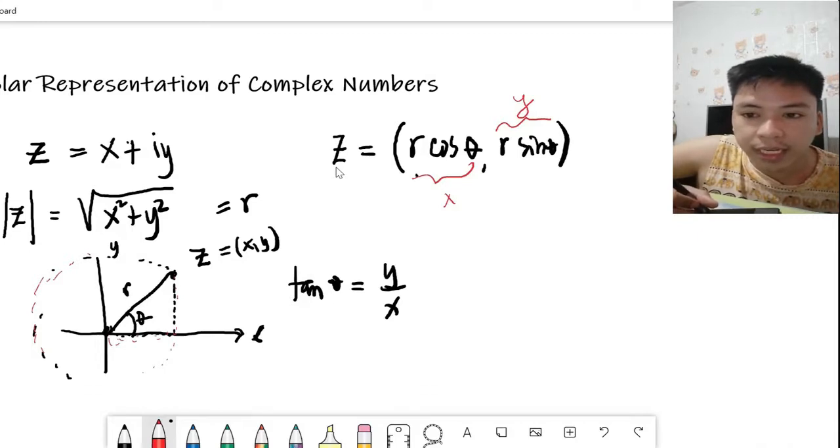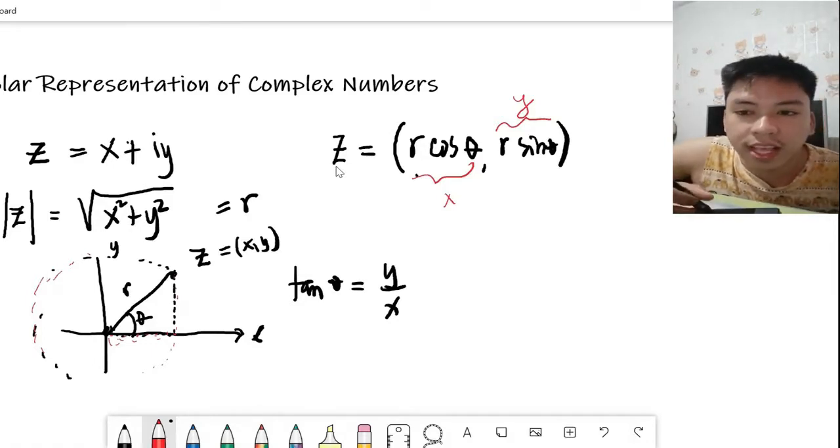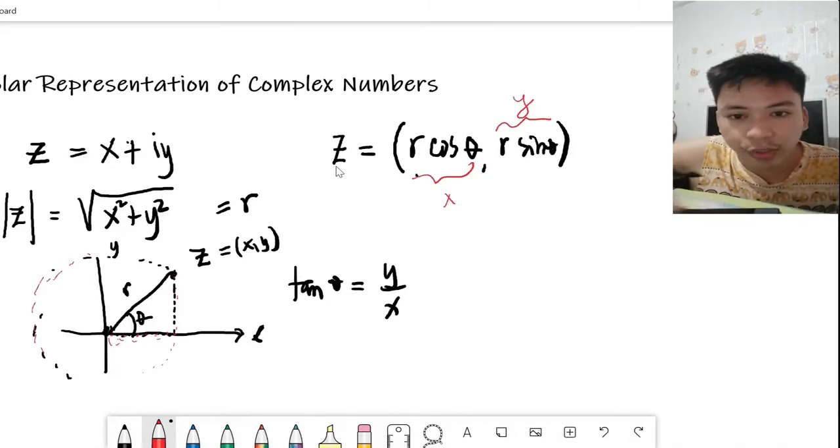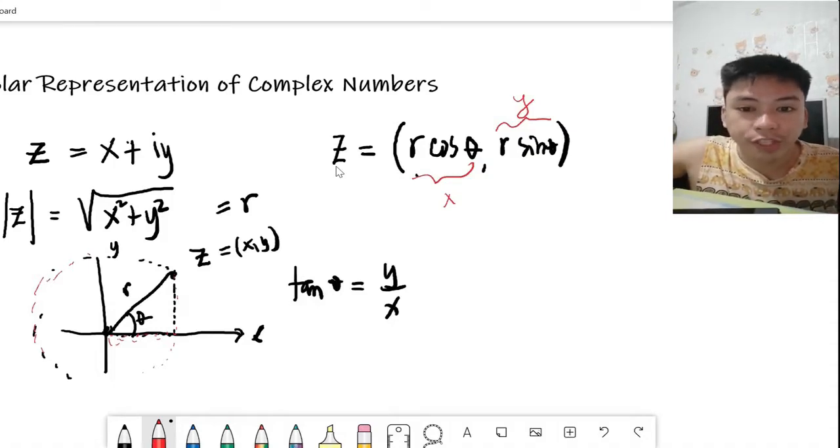Back in our trigonometry class, we can get the value of x here by taking the cosine of theta multiplied by the hypotenuse of the triangle formed by this projection. Same, we can get the value of y by taking the sine of theta multiplied by the length of the hypotenuse of the triangle formed by the projection.